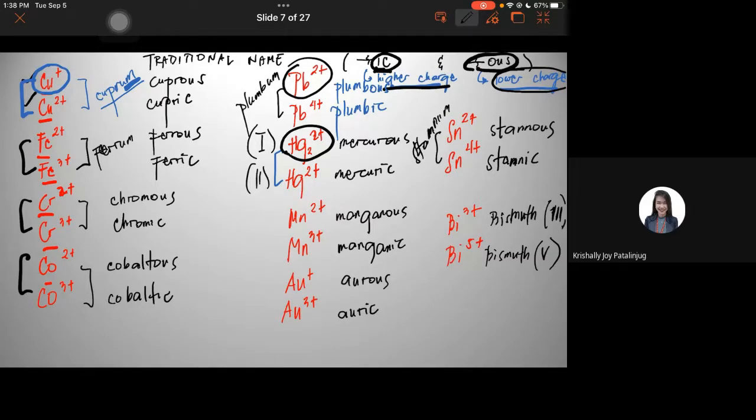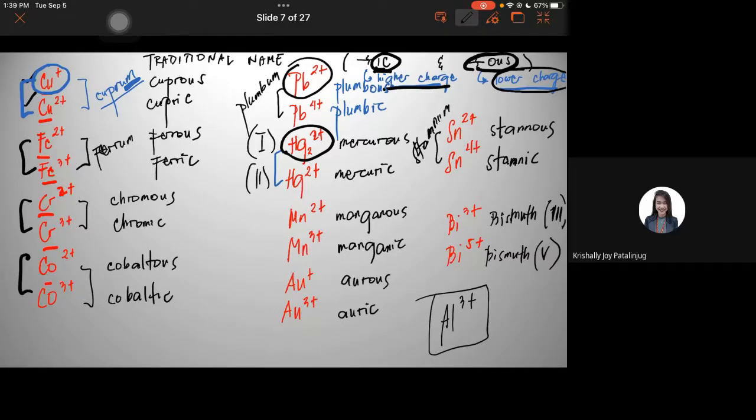A common confusion of my students in the previous semester is they always confused aluminum as an example of an ion with variable charges. Please take note that aluminum is constant.